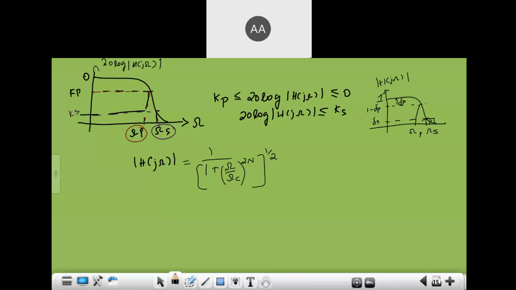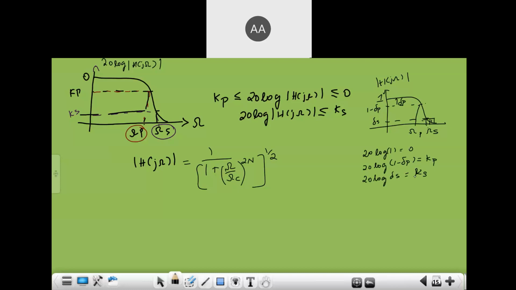So you take 20 log of this 1; 20 log of 1 is nothing but 0. 20 log of 1 minus delta p is what? That is nothing but your kp. 20 log of delta s is nothing but ks. We have seen this earlier also, is it not?